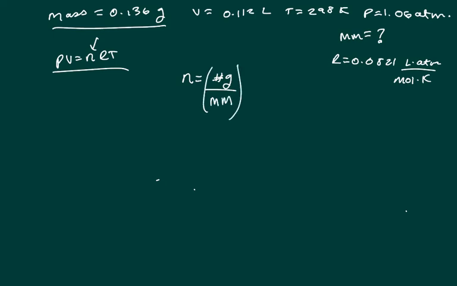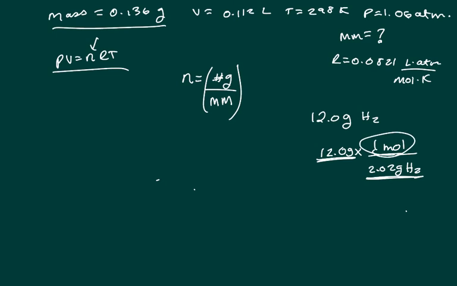So if we were trying to figure out how many moles is 12 grams of hydrogen gas, remember, we take the grams, and we know that there's 2.02 grams of hydrogen gas for every 1 mole. So you see how we're taking the grams and we're dividing it by the molar mass of hydrogen gas, and so we get the number of moles.